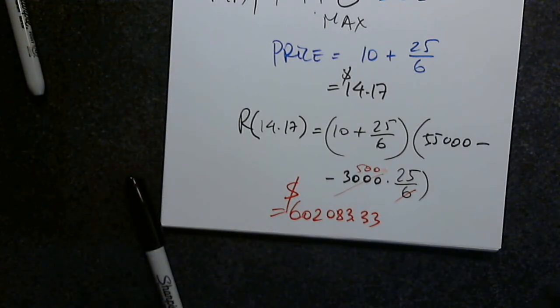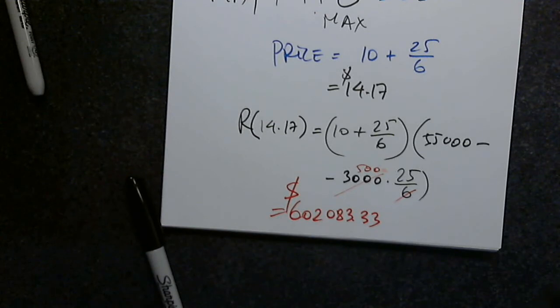Guaranteed to give us the maximum. So, as you see, $10 times 55,000 will not give a maximum. So increasing the price by $4.17 is the best deal that they can get. By increasing it by $4.17, they will decrease the attendance.